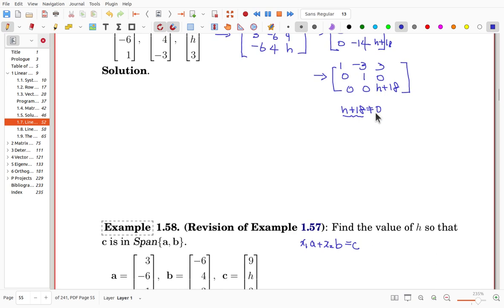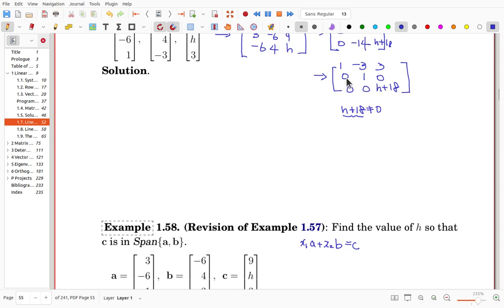Okay. In order to have a solution, this should not be a pivot, which means that here h plus 18 must be 0.